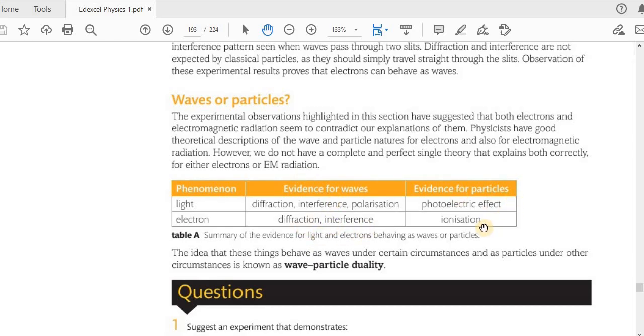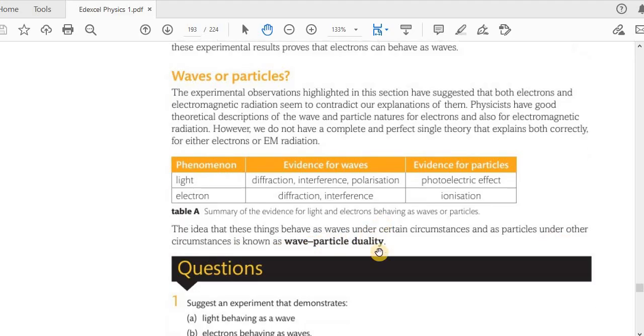The evidence for particles is ionization. You can remove the electron from an atom and the atom becomes an ion. That is ionization. This is the summary of the evidence for light and electrons behaving as waves or particles. The idea that these things behave as waves under certain circumstances and as particles under other circumstances is known as wave-particle duality. So now you know that.